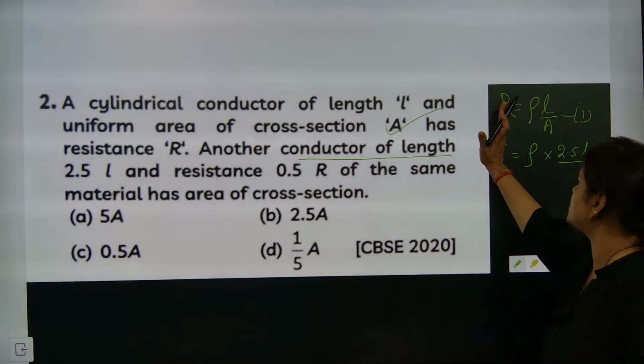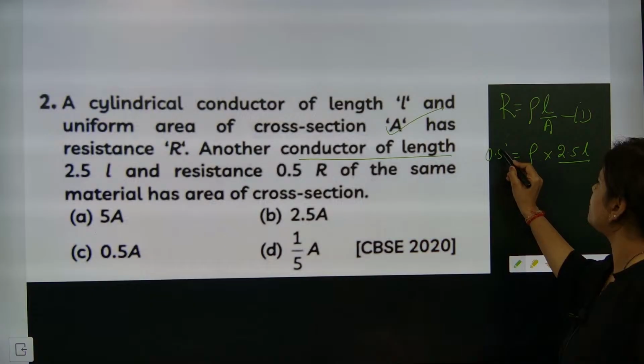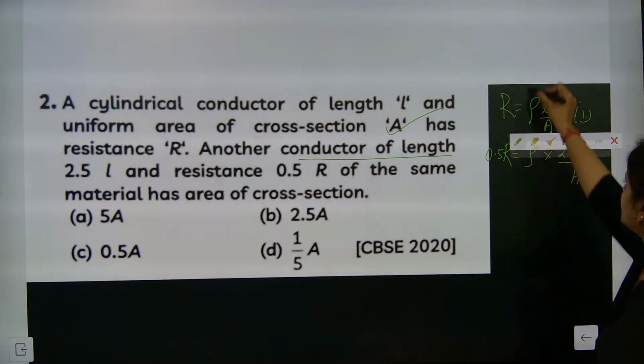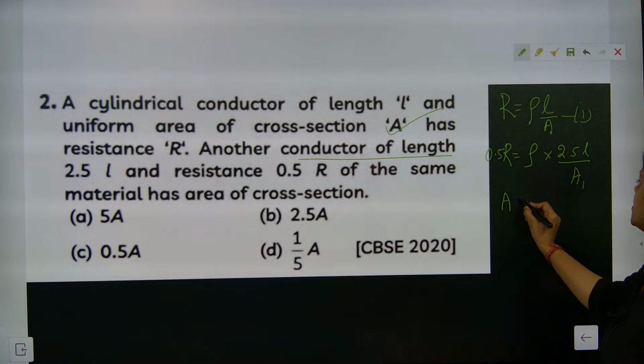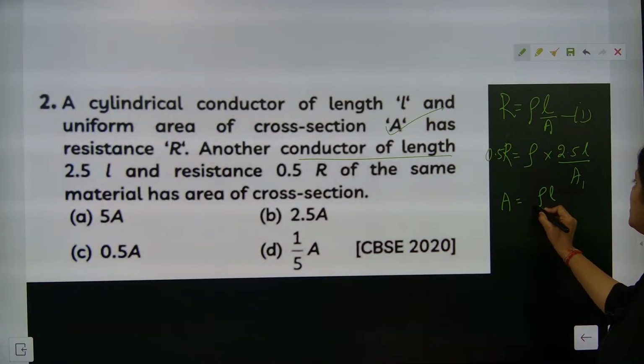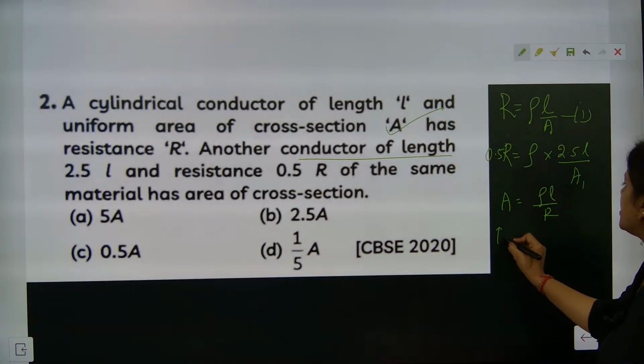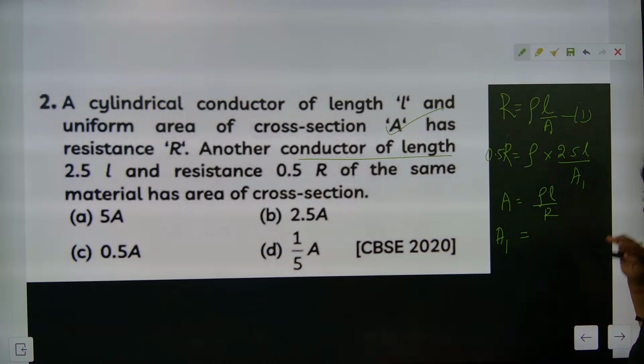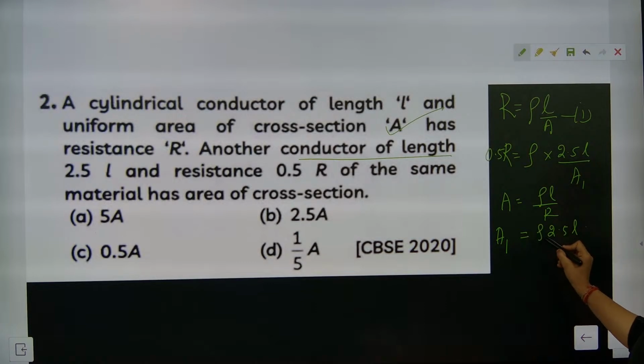Resistance is changed to 0.5 R. And what is the new area of cross section? First, area of cross section will be written as A is equal to rho L by R, and then A1 is equal to 2.5 L rho by 0.5 R.